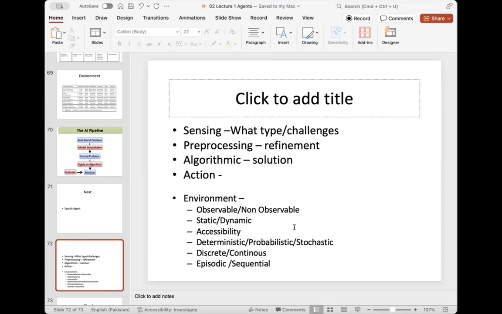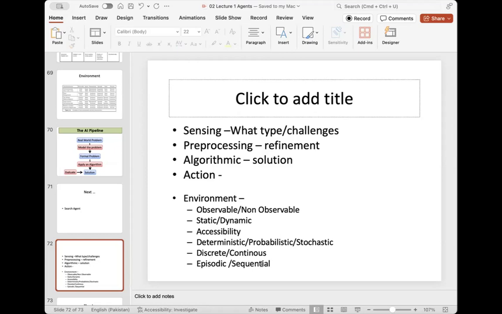But at one floor, if you are not given a particular order in which the robot has to move on that particular floor, then it becomes episodic. So it becomes a combination of episodic and sequential. Okay. That's perfectly fine.